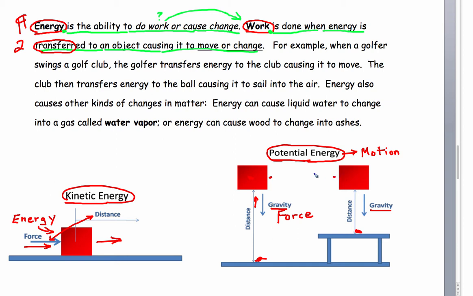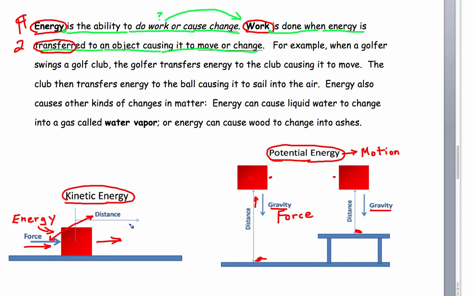Okay, and again, don't get all hung up on the physics part of this. Just remember, potential is stored energy. Kinetic energy is energy that is in an object because it is moving, because it's in motion.